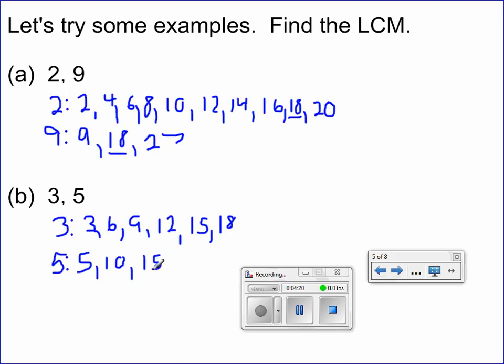I can stop right here because I can see that 15 is the lowest common multiple of both 3 and 5.